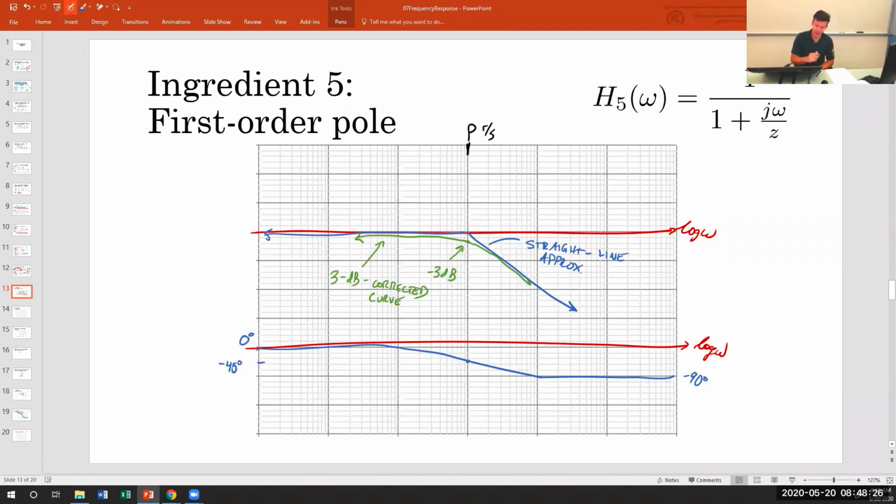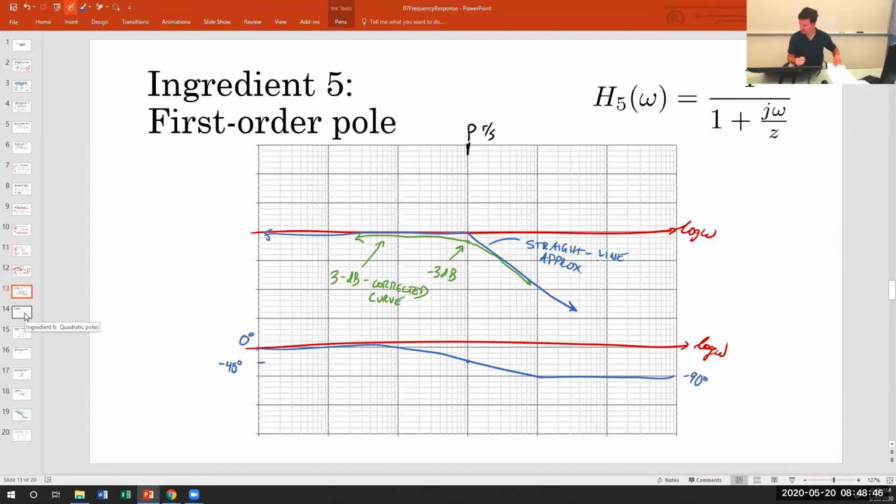Okay. And again, I don't want to beat this horse any more than I have to. Sometimes straight line is good enough. I'll leave it at that. Okay, and the derivations for these are the exact same as the derivation for the 0, except there's negatives.